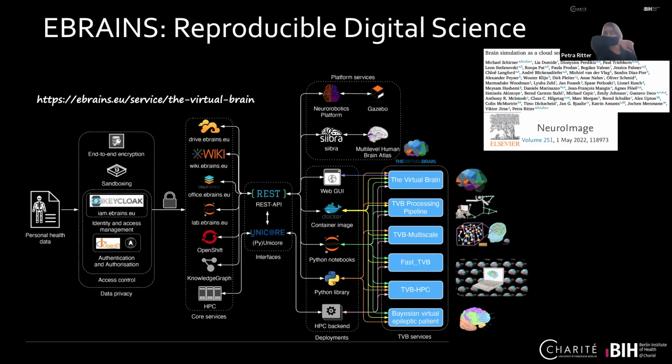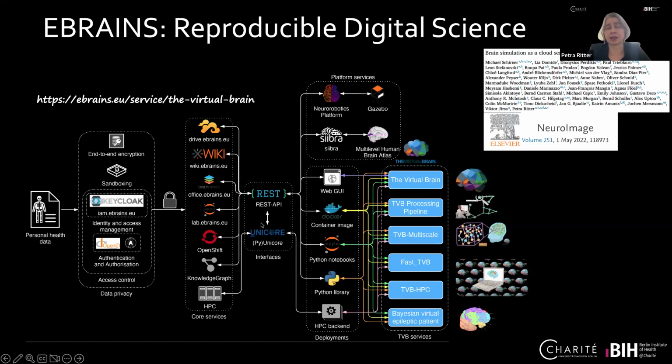It is coordinated by the eBrains AISBL, located in Brussels. And what you see here are core elements of the digital infrastructure. The infrastructure is not centralized. It is federated, and several compute infrastructures are integrated and interoperable to contribute to this European digital neuroscience infrastructure, eBrains.